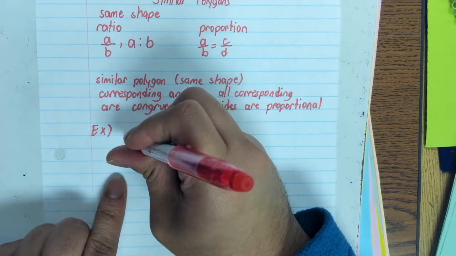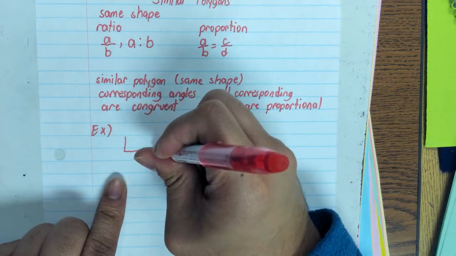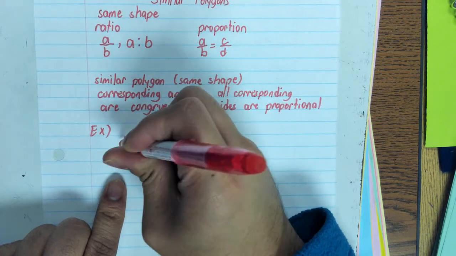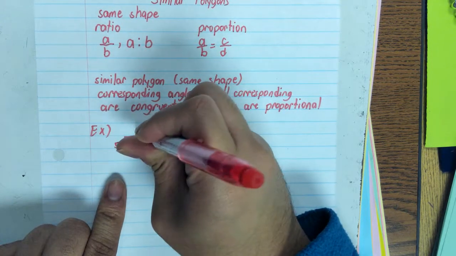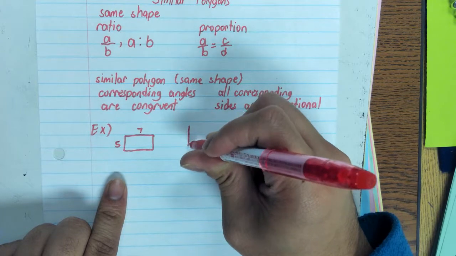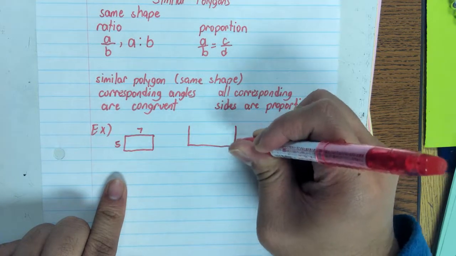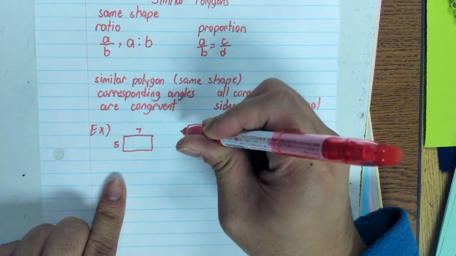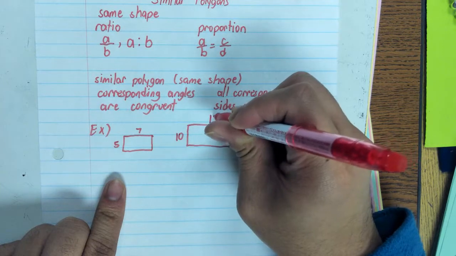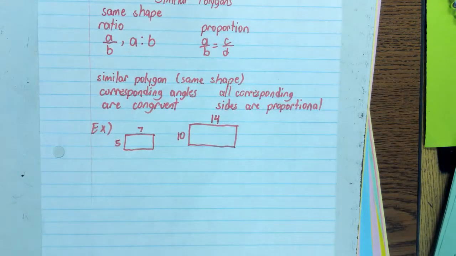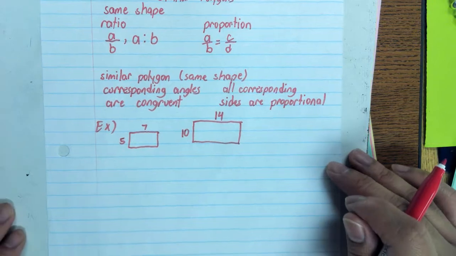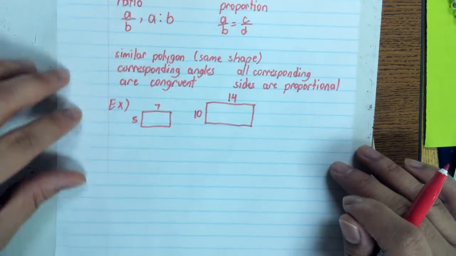Suppose we have two rectangles with these dimensions, these numbers on them. For them to be similar, we have to check if the sides are proportional.